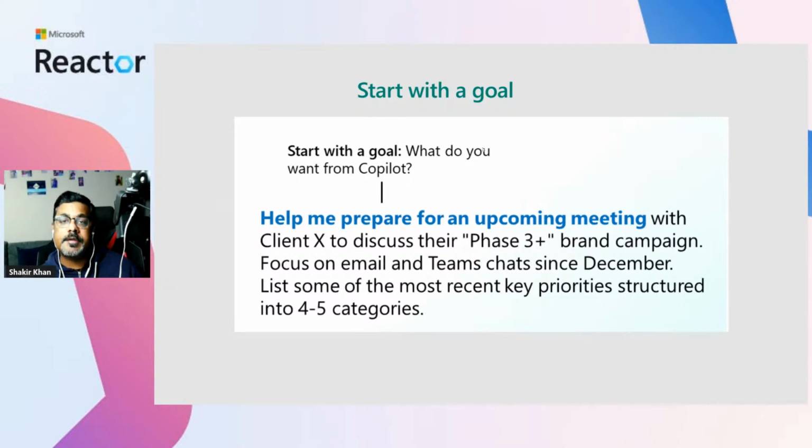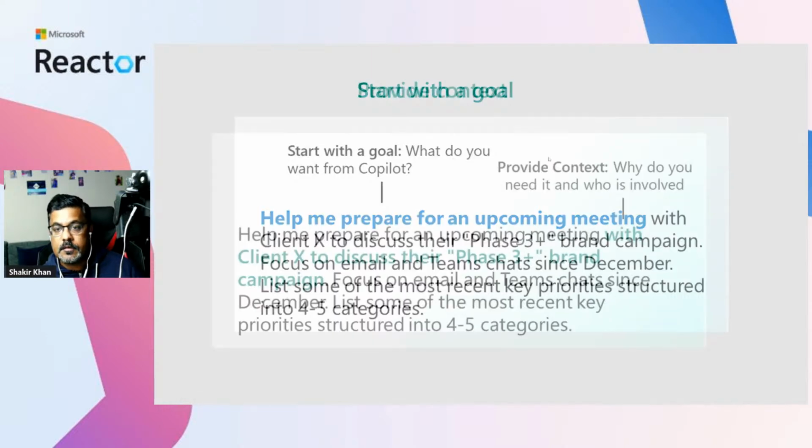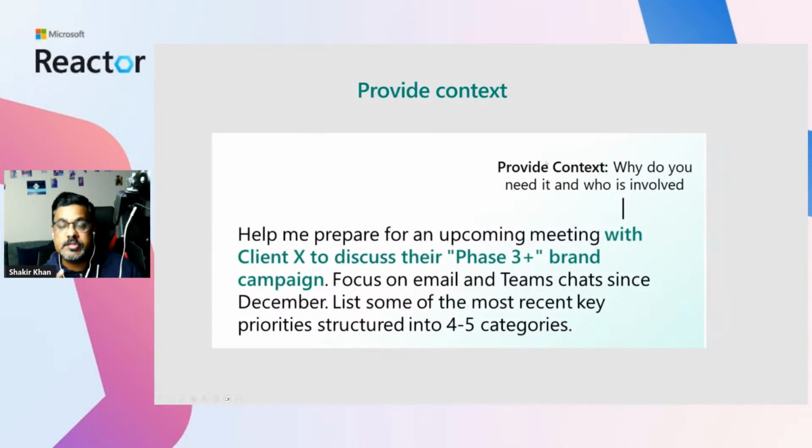In our case we will say, I would like to create that application, and then we go to the context of the application: this is the application, and this is for this purpose.